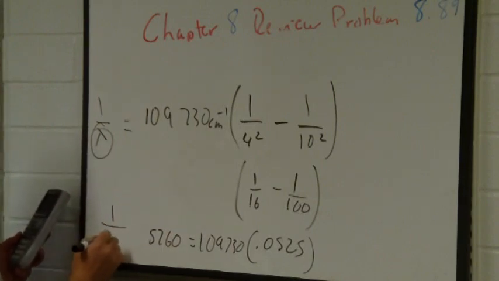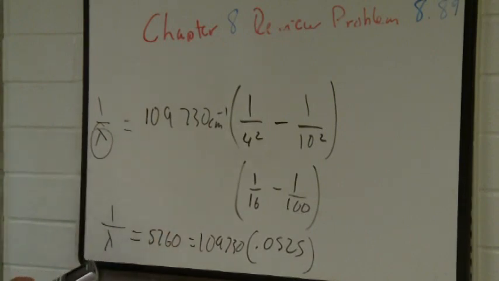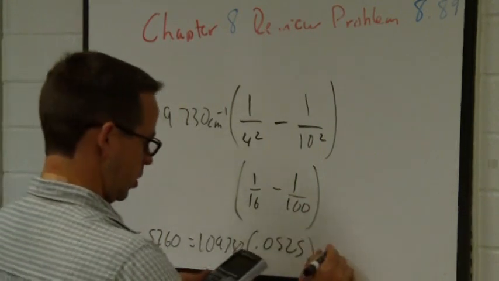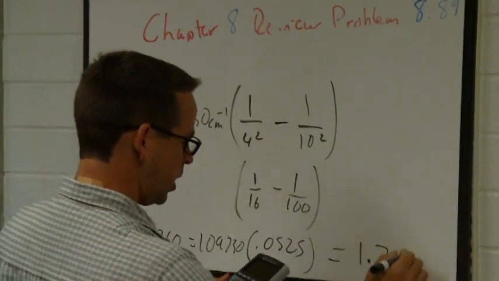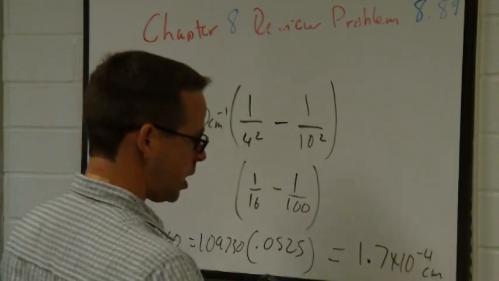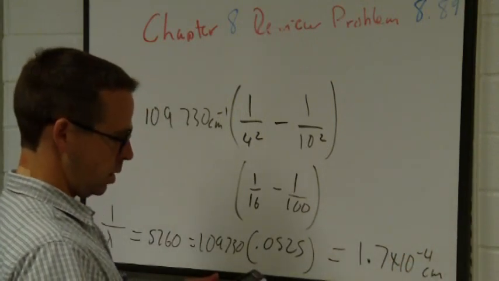So 1 over the wavelength is 5,760. If we take the reciprocal of it, I'm getting 1.7 times 10 to the minus 4 centimeters.